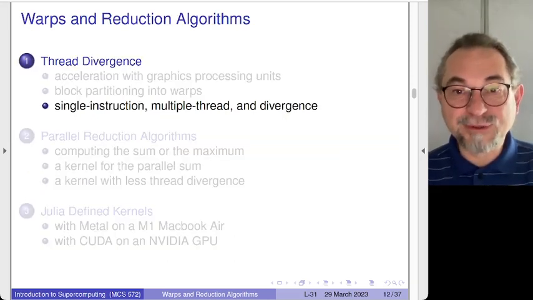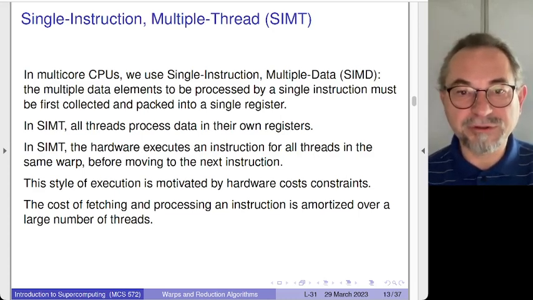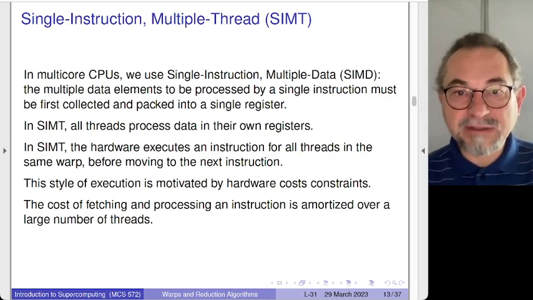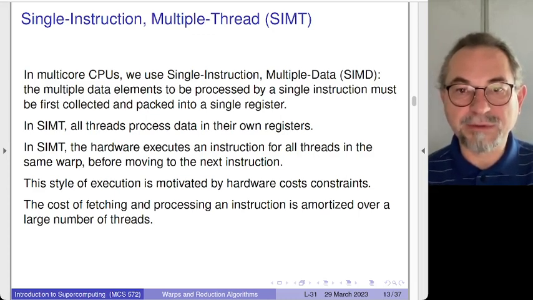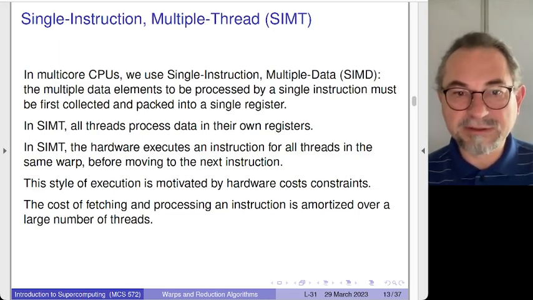Okay, so now we get to the central notion of thread divergence. So we have the single instruction multiple data. Data gets ultimately loaded into registers, even if you don't see it explicitly. We have the local variables. This style of execution makes for a scalable model.